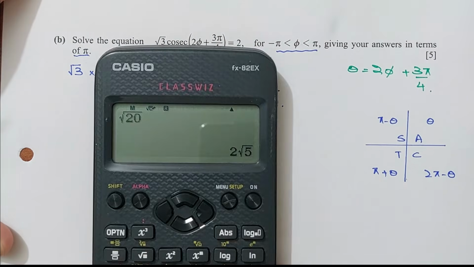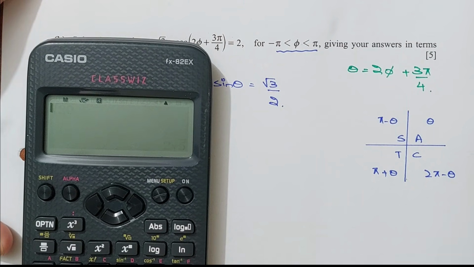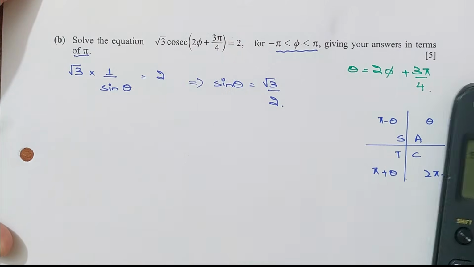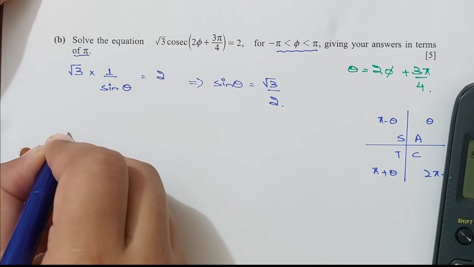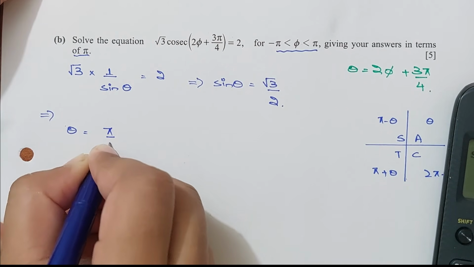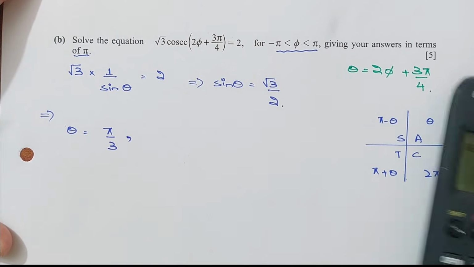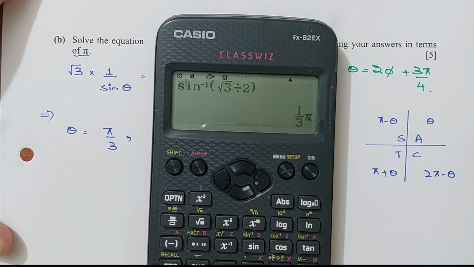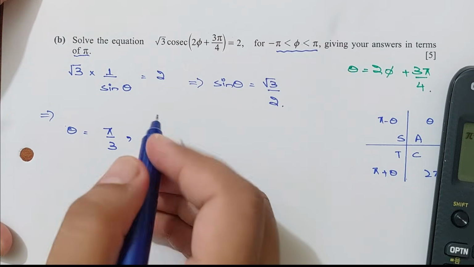So we can say that it is in radians, right? Sine inverse of square root of 3 divided by 2 is pi by 3, right? So here theta equals pi by 3 in the first quadrant, and pi minus pi by 3, the answer is 2 pi by 3.